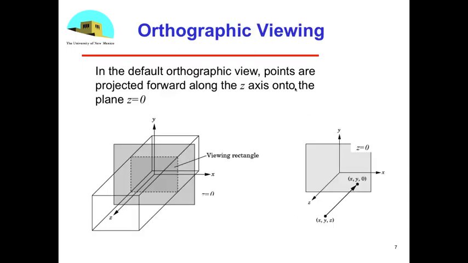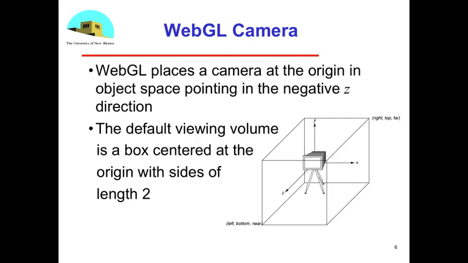If we look at the default viewing, it's even nicer. The default view is what's called an orthographic projection, in which the projectors are parallel and they project perpendicularly into the plane z equals 0. So anything that's along this projector over here, we have a point x, y, 0, it projects into x, y, 0. So any point within the box will project onto this plane in the middle, keeping the x, keeping the y, and making the z equal to 0.